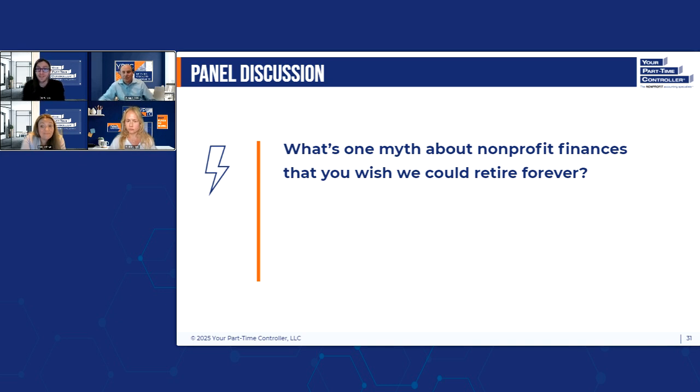Payroll has to be run. You have to file your Form 990 or the IRS gets very upset, right? So we can't not do these things, and the mission, the program work, is contingent upon these things happening. They're essential functions.